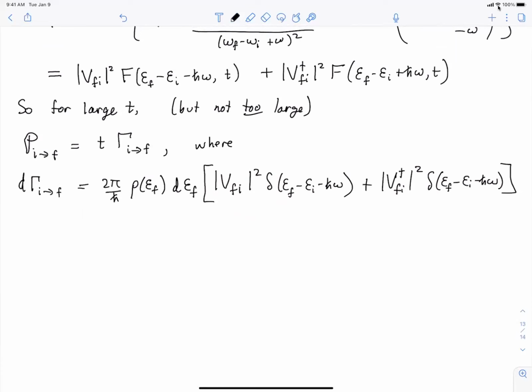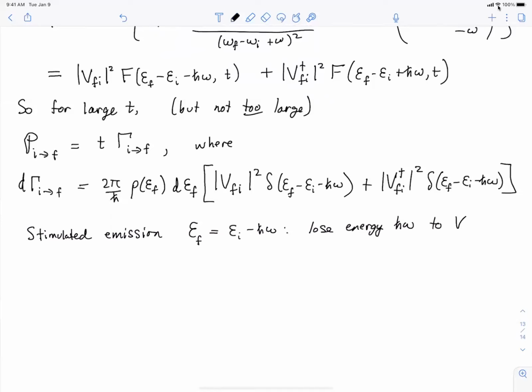And so the names for the two terms are stimulated emission, that's the name we give to the term that contributes when E final is equal to E initial minus h bar omega. That's when you lose energy h bar omega to the potential. And absorption is when it's the other way around. That's when the final energy is equal to the initial energy plus h bar omega.